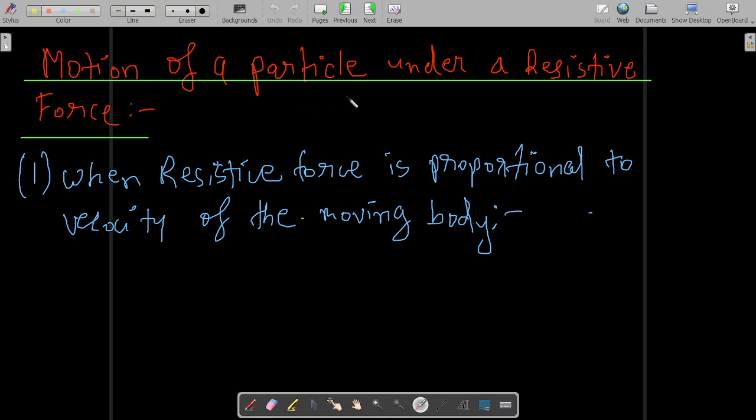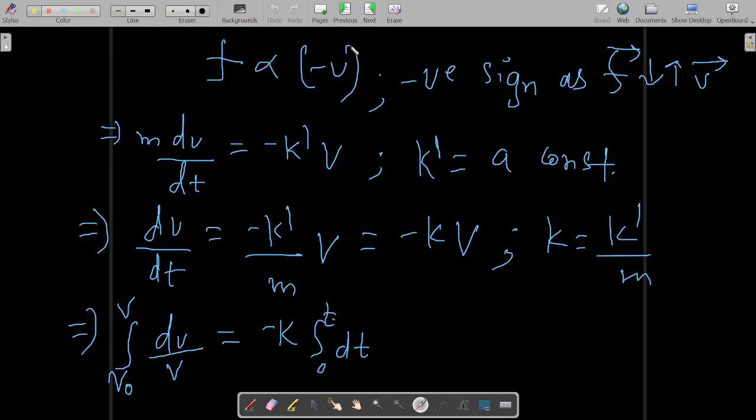It is not necessary that always the resistive force will be proportional to velocity. In some cases the resistive force might also be proportional to the square of the velocity, or to the cube of the velocity of the moving body. So it depends from situation to situation.